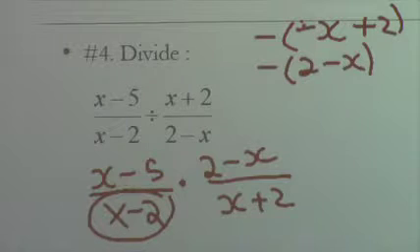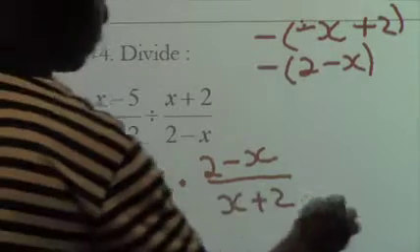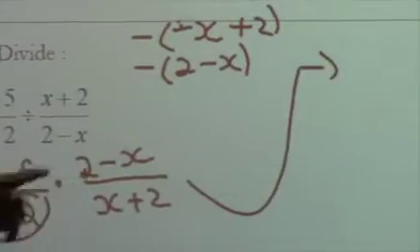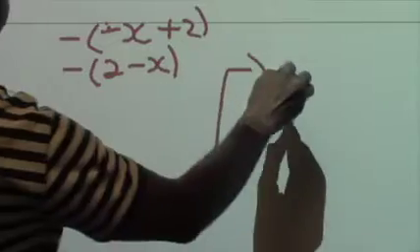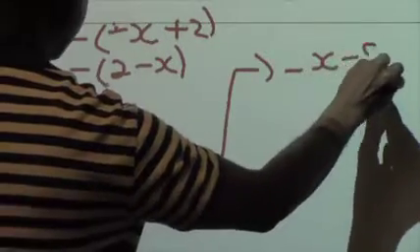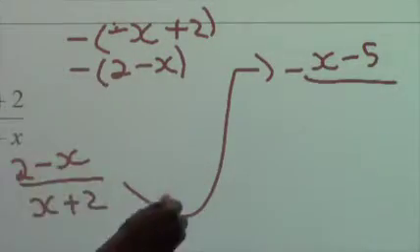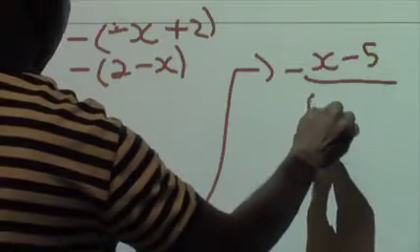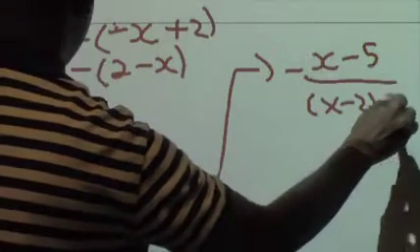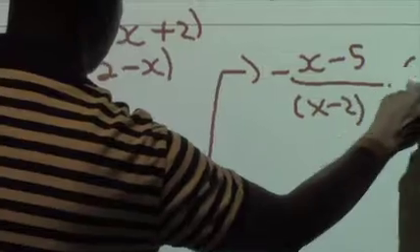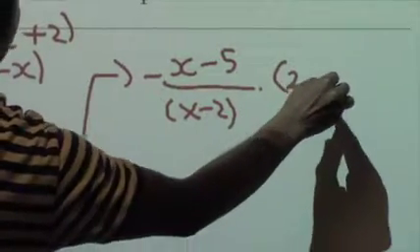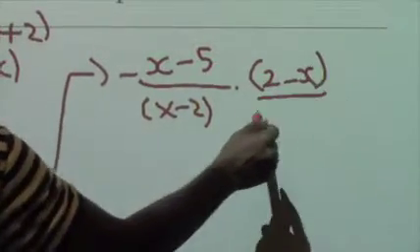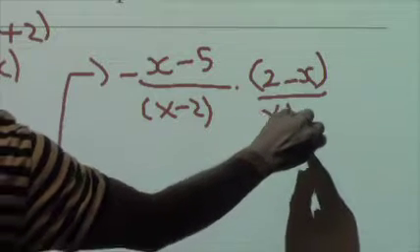It's still the same, but by introducing that negative and keeping it, it allows us to cancel. So that's what we're going to do next. We could have also put the negative over here. So we're going to keep this as negative x minus 5 over x minus 2, times 2 minus x over x plus 2.